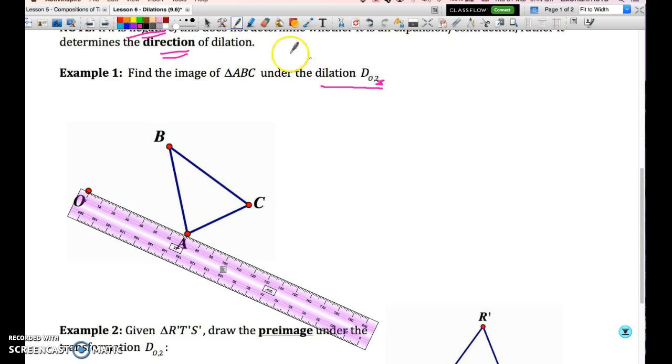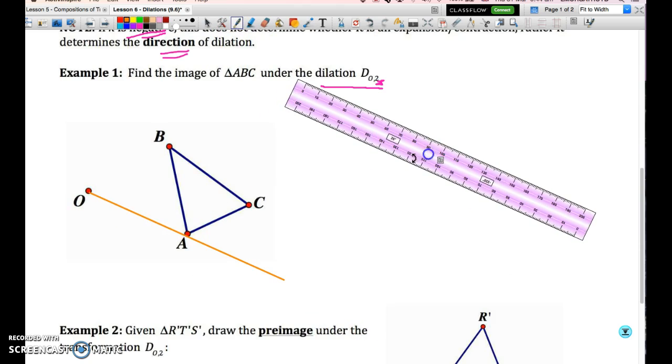It's a scale factor of 2, and so effectively what that's telling you to do is for each of ABC's vertices, go twice as far away from O as the original. And so effectively what I've drawn in here is the line that is going to double the distance from O to A, and then A to what will now become A prime.